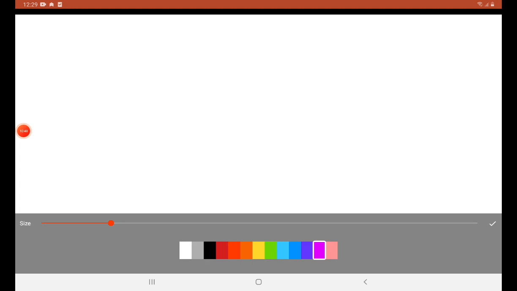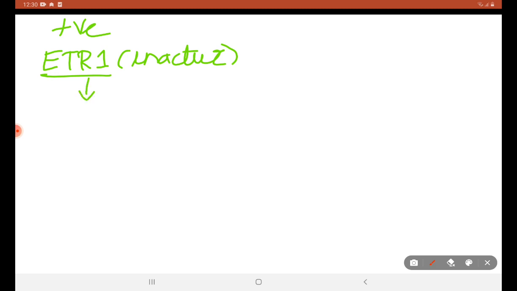Now we will see what will happen in the presence of ethylene. Quite the exact opposite. ETR1 becomes inactive. CTR1 has also become inactive.